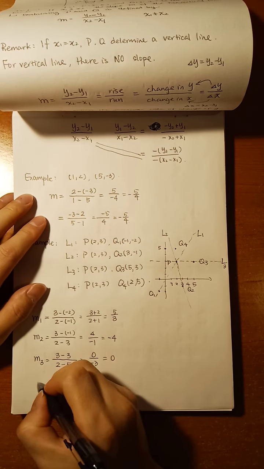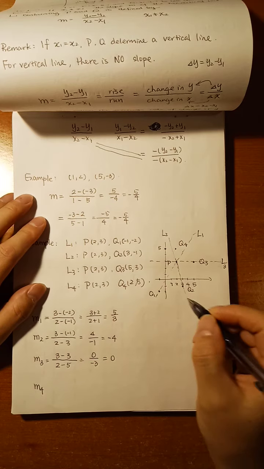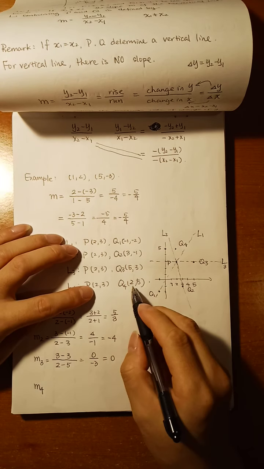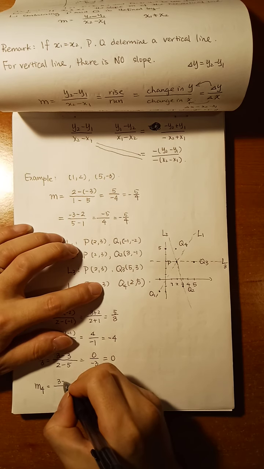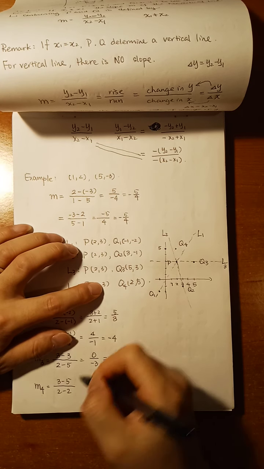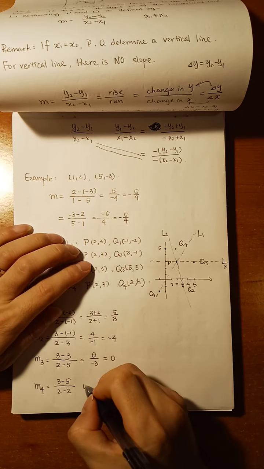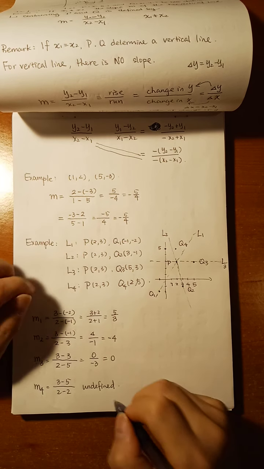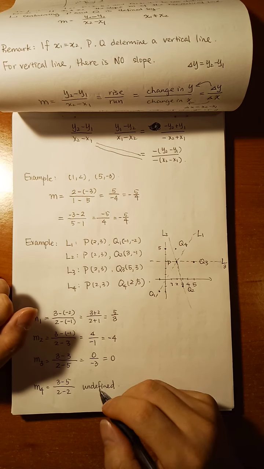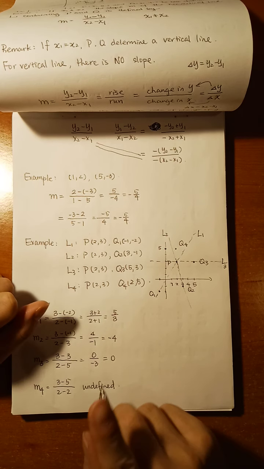And the last one: you cannot have 3 minus 5 and 2 minus 2. 2 minus 2 is 0. The denominator cannot be 0, so it's undefined. The slope is undefined, and you have a vertical line.